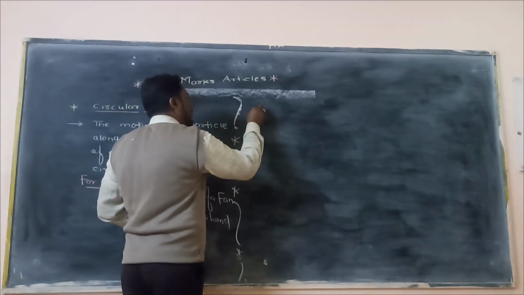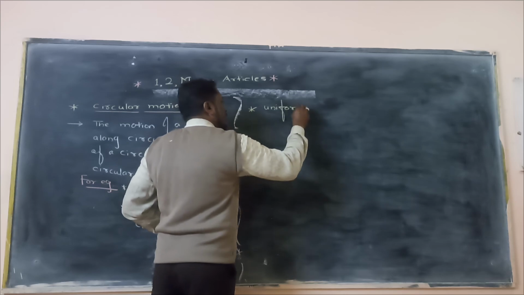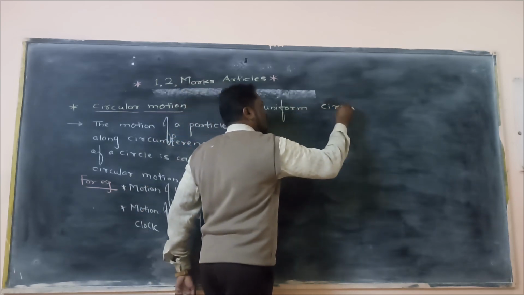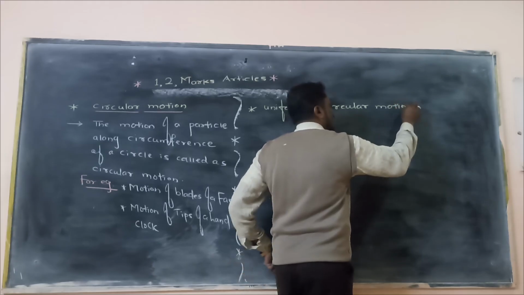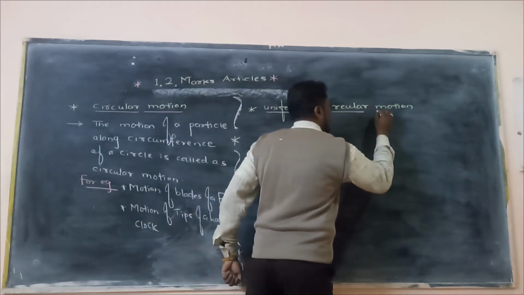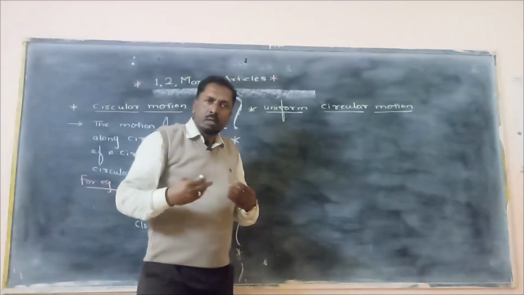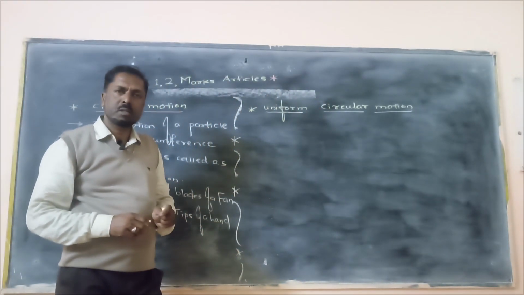Of the same type, what do you understand by the term uniform circular motion? The term uniform itself tells us that somewhere the uniformity takes place.